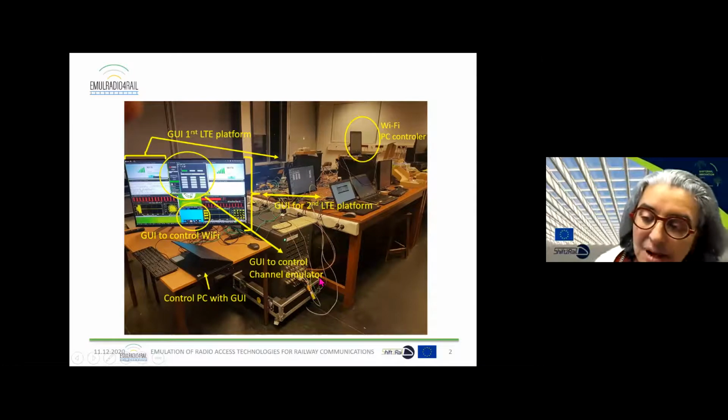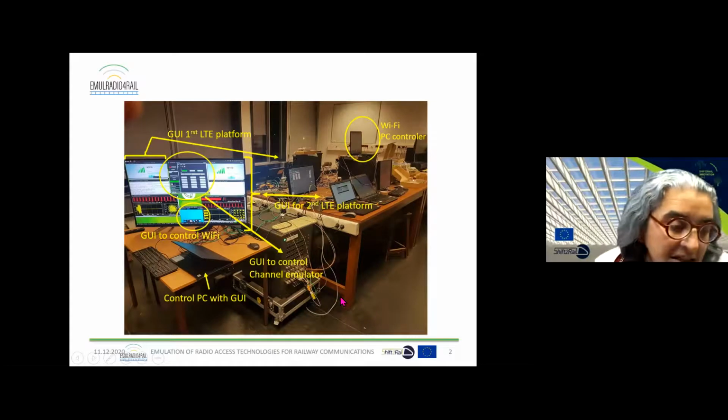It is why we have tried, with the results Laurent has presented, to obtain some models of the behavior of the IP metrics, the KPI metrics, versus the different channels.